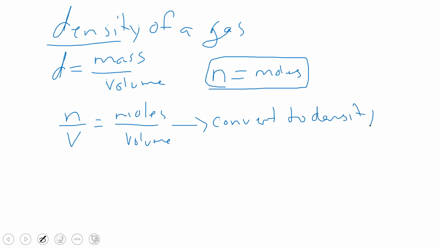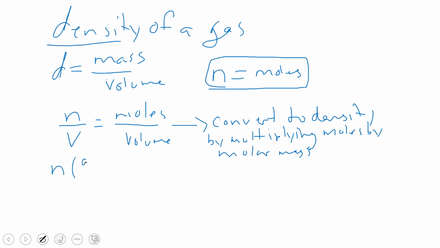And I can convert it to density by multiplying the moles by the molar mass. So N times the molar mass, which is grams per mole.